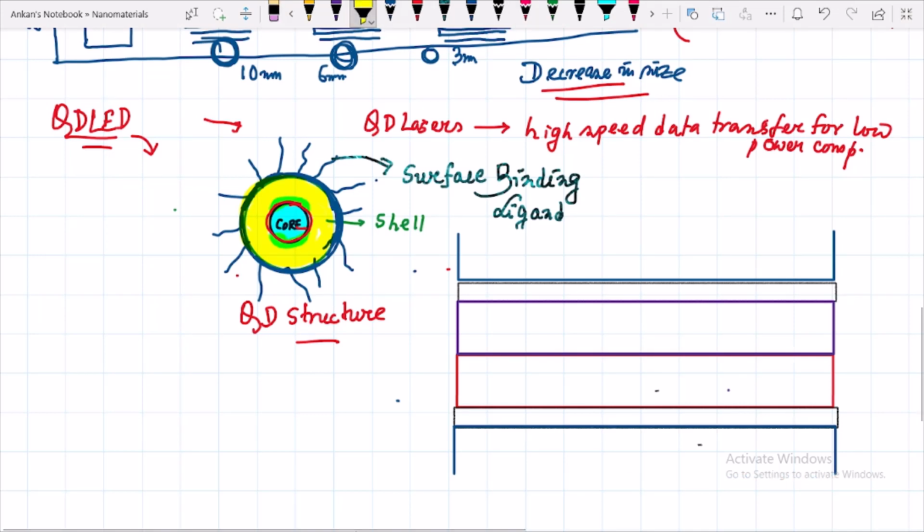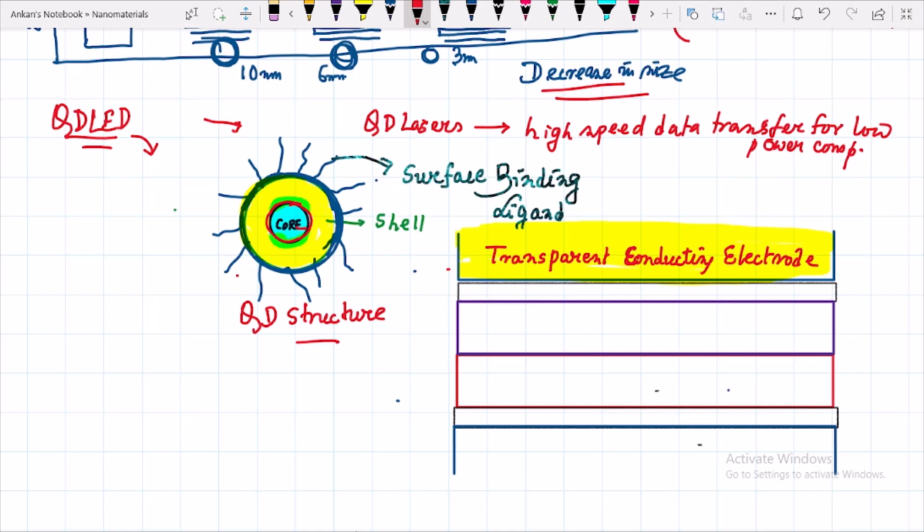Okay, so this layer is the transparent conducting electrode layer, the conducting electrode, and this is the blocking layer.